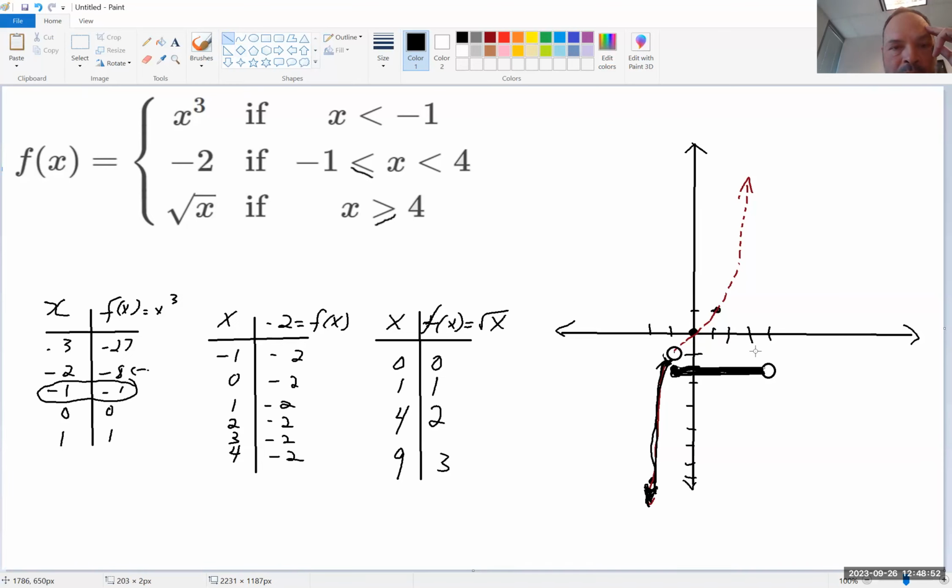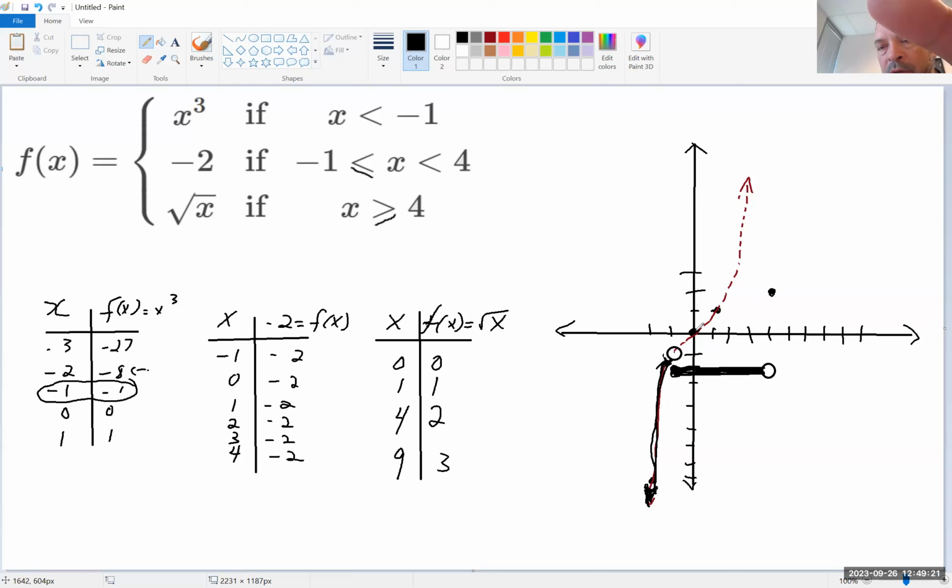And then the last piece is the square root of x. So I need a point. There's a point at 0, 0. There's a point at 1, 1. There's a point at 4, 2. And then there's a point at 9, 3. So 4, 5, 6, 7, 8, 9, 3.